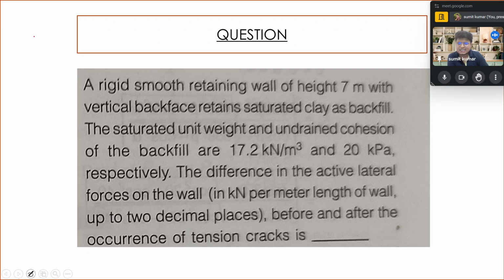See what it is asking: a tension crack gets developed. You see the cohesion is there, so when we plot the first time, our graph is going to plot like this. But if the tension crack gets developed, we eliminate this section, and we calculate this depth as 2c by gamma root k.